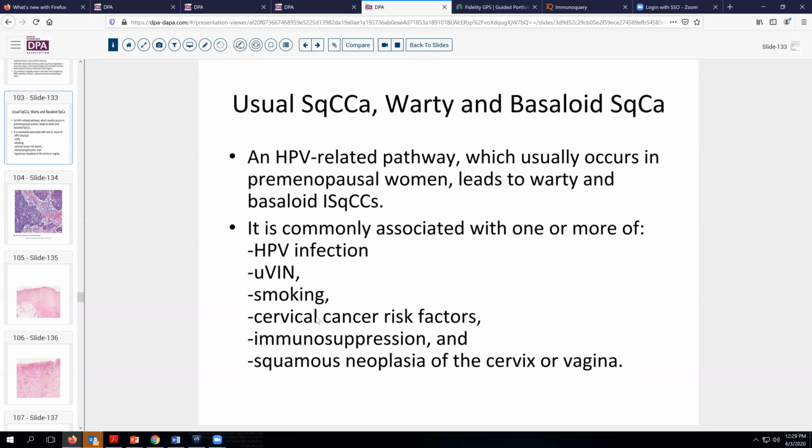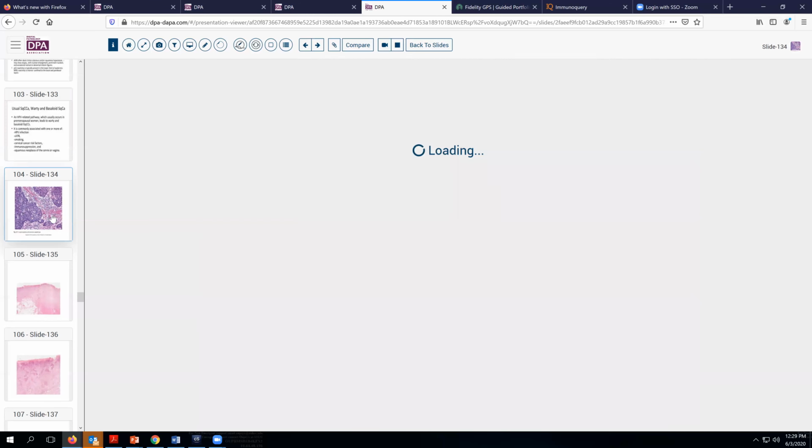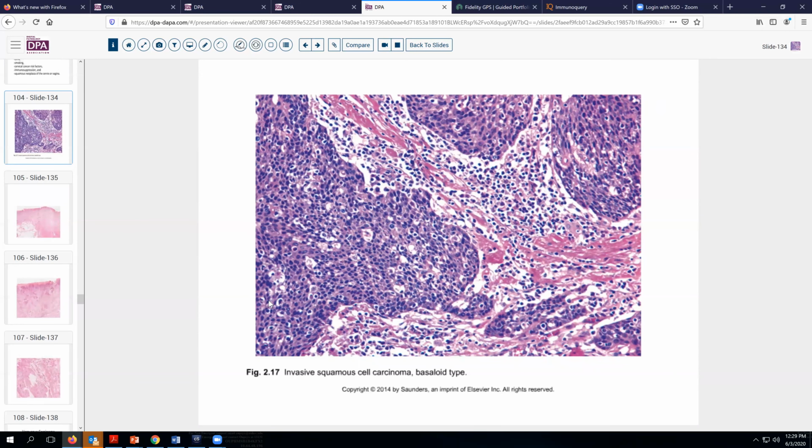And these also have other risk factors such as smoking and cervical cancer and so forth. So here's a nice image of a basaloid type squamous cell carcinoma. And these tend to be bad actors. In fact, just today I had a vaginal metastasis from a basaloid squamous cell carcinoma from 2 years ago.